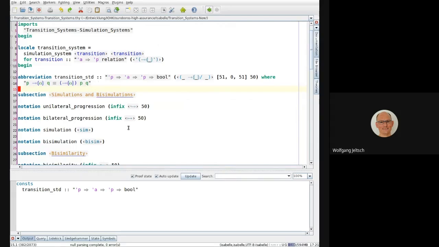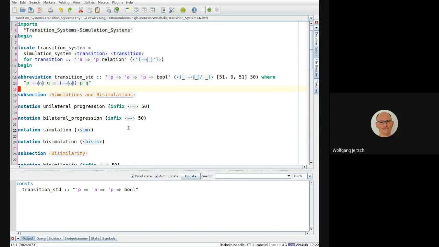several such relationships. You could have a superlocale and have the sublocale be an instance of the superlocale in two different ways. I mean, there are these things like a ring being a group in two different ways, with the plus and the times. There it actually doesn't really work out because of the zero with the times, but you have such structures where, and actually we will see something similar here, I think, you have several such relationships.